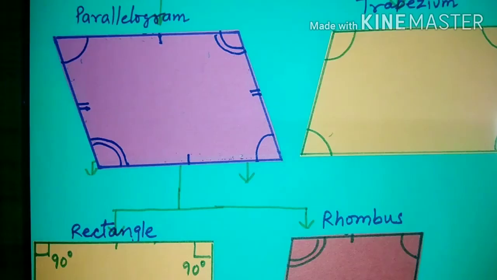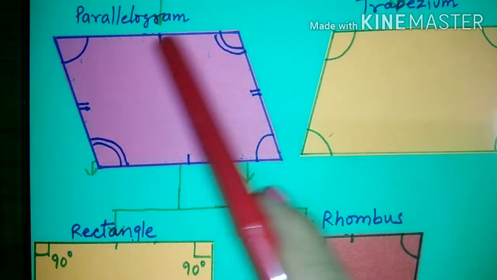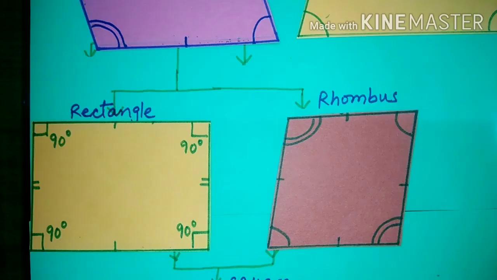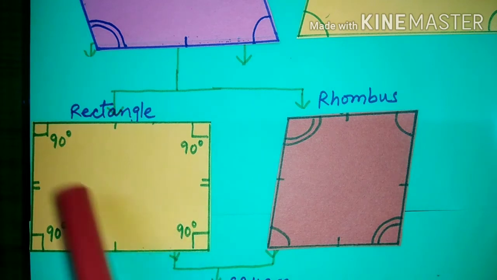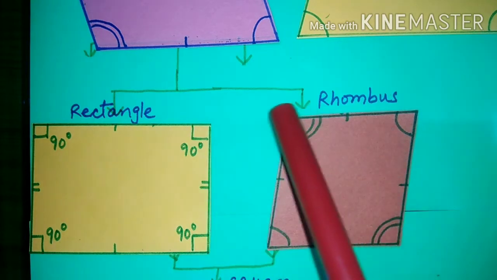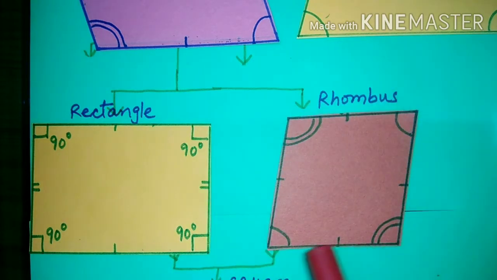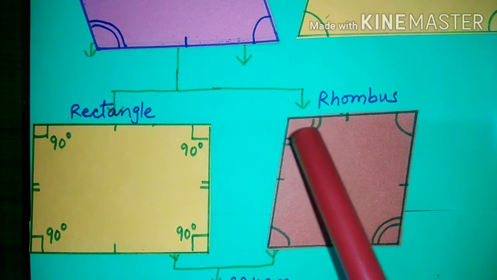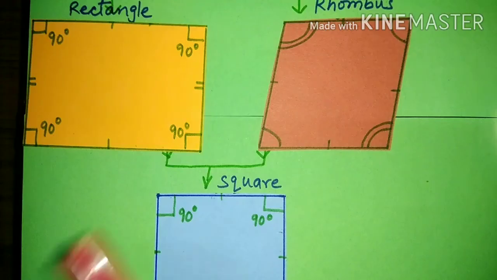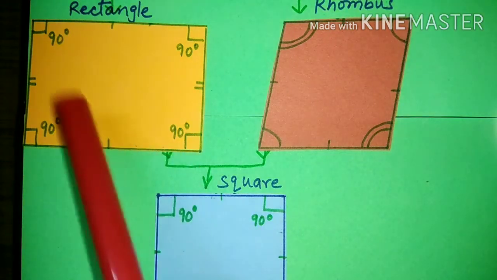A parallelogram can be classified as a rectangle and rhombus. A rectangle is a parallelogram which has opposite sides equal and parallel, each angle 90 degree. A rhombus is also a parallelogram with all four sides equal and opposite sides are parallel.